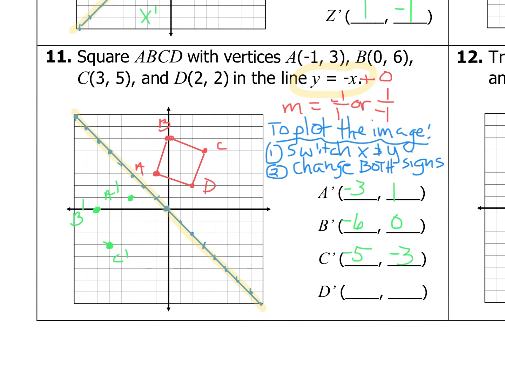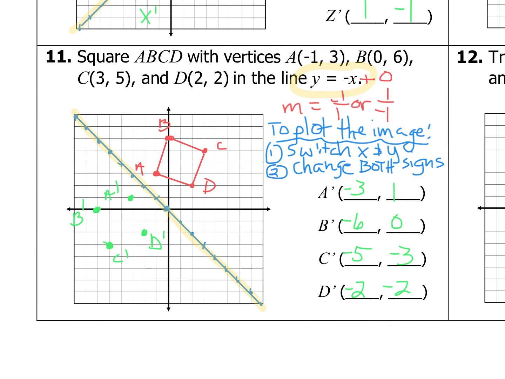And then for my D, we're going to switch these and change the signs where they're both 2. So when you change the signs, they become -2, -2. And if you plot that, -2, -2 is down here, and that's your D prime. And if you look at your D's, they are the same distance from that line of reflection. So then let's connect our points with a straight edge.